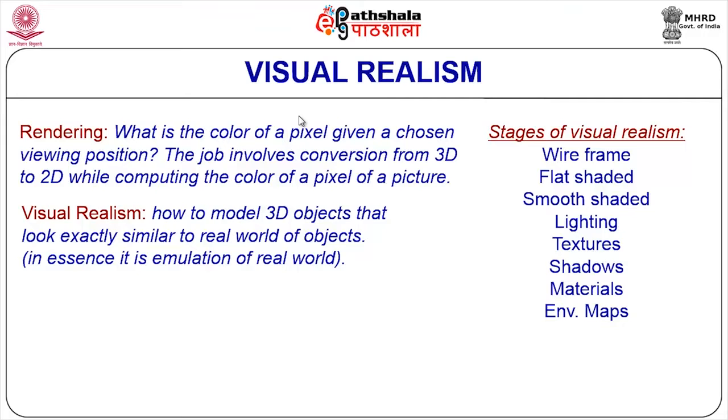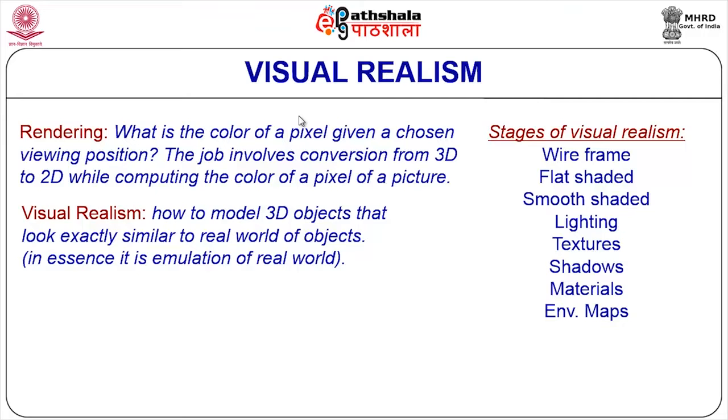We can add textures, and we will be adding shadows and giving some material properties, and finally some kind of environmental maps or bump maps or MIP maps, so that for some objects that are so highly reflective, the surrounding environment is seen on the surface of the objects, because of the material properties with which the surface is made up of. This is where giving visual realism involves a sequence of steps which are to be followed.